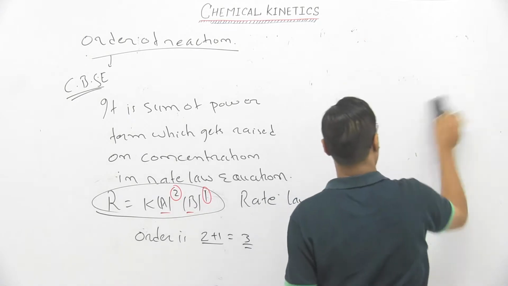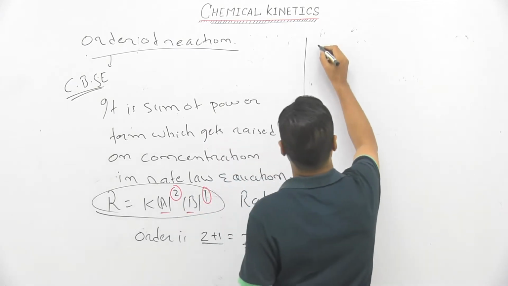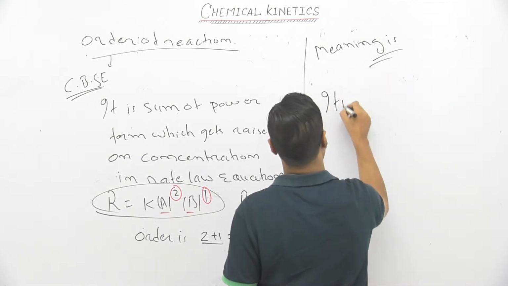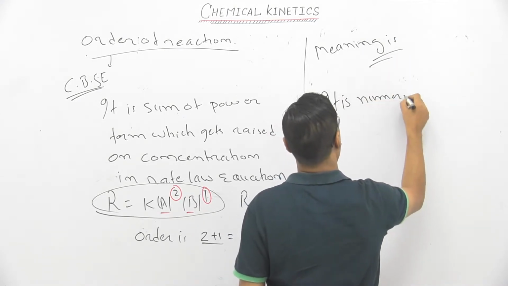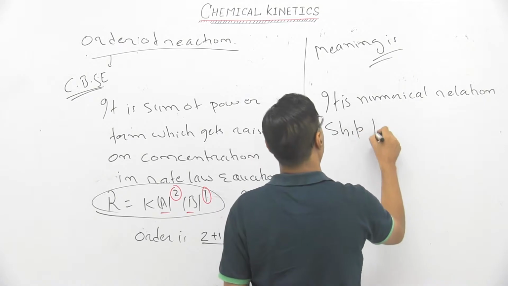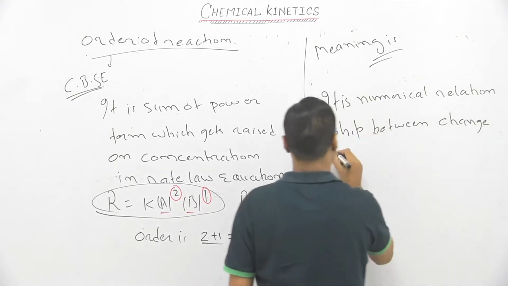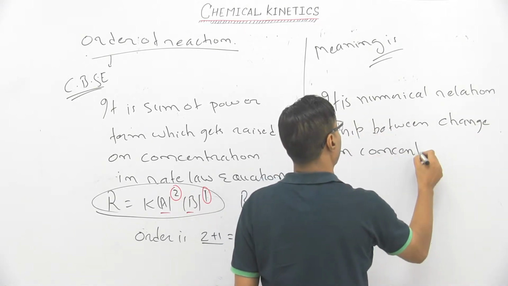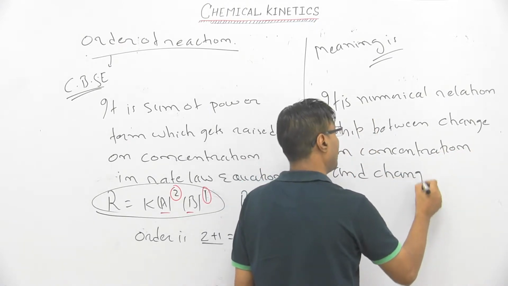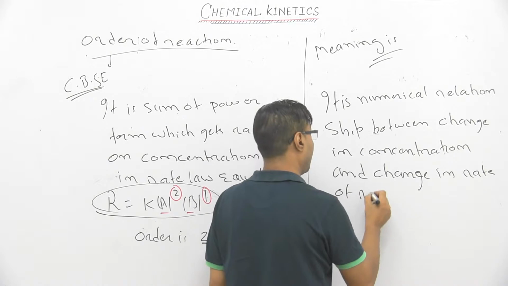But what is the sense of this order? What is the sense of this definition? The meaning is, it is a numerical relationship between change in concentration and change in rate of reaction.